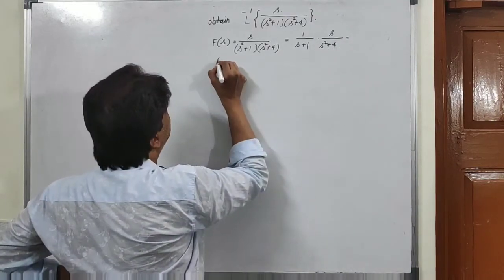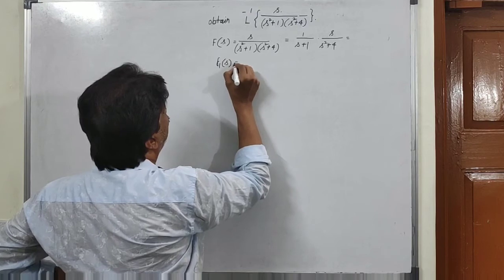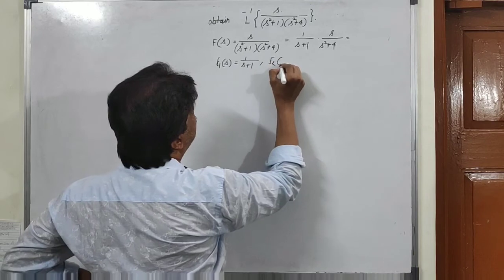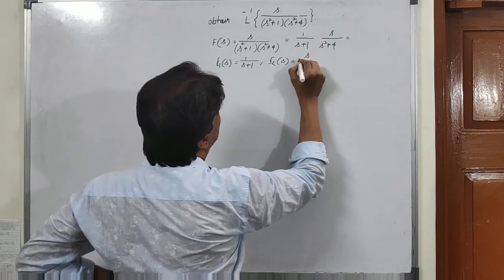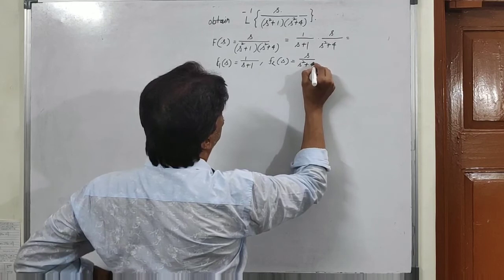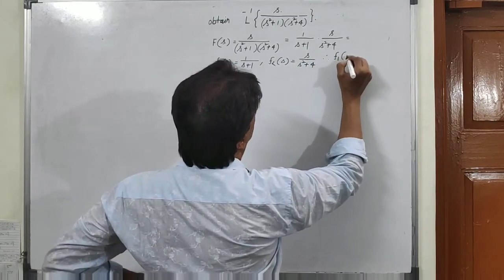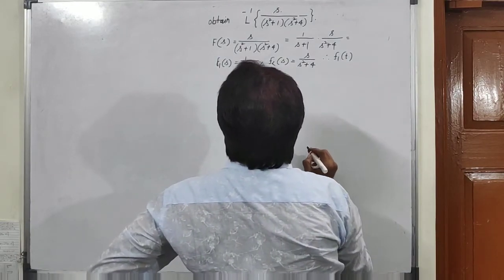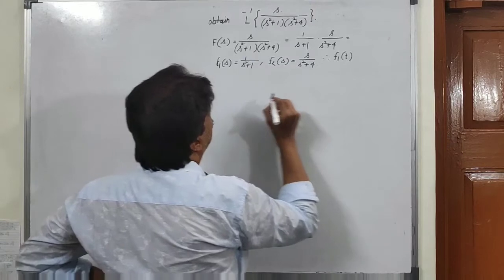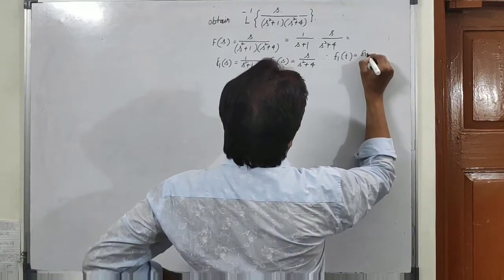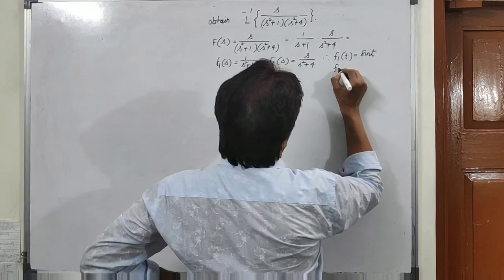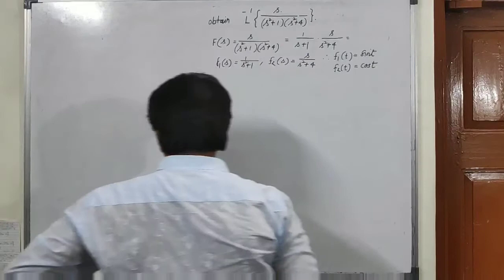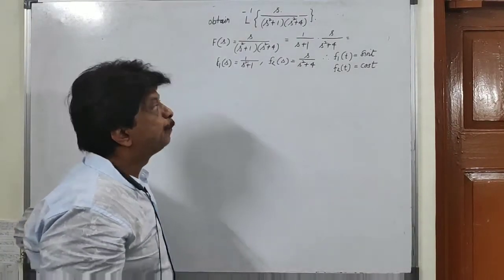So f1 of s is 1 upon s square plus 1 and f2 of s is s upon s square plus 4. There. f1 of t is sine of t and f2 of t is cos of 2t. Both are trigonometric functions.